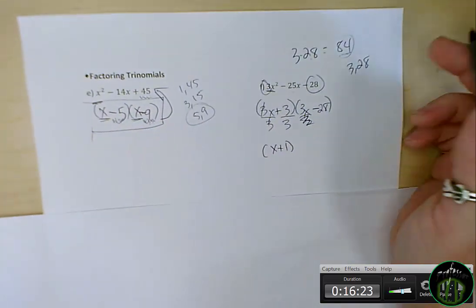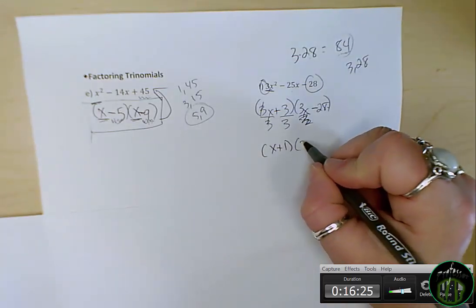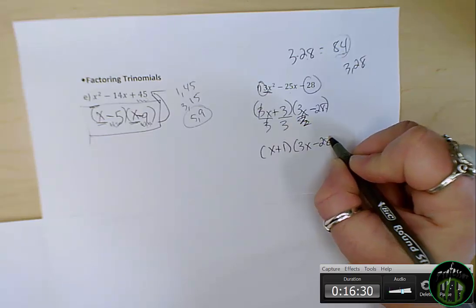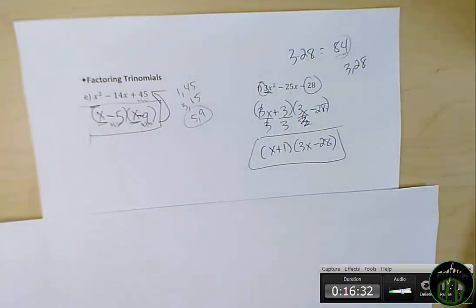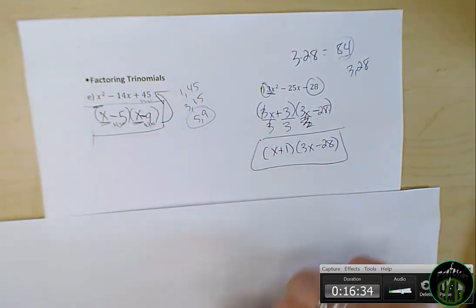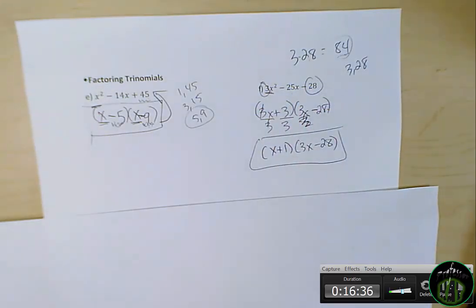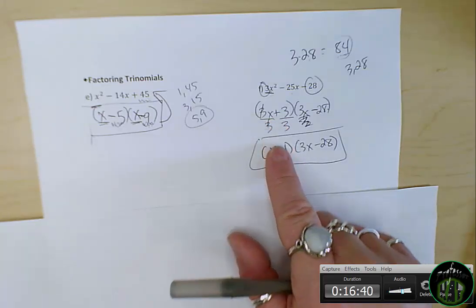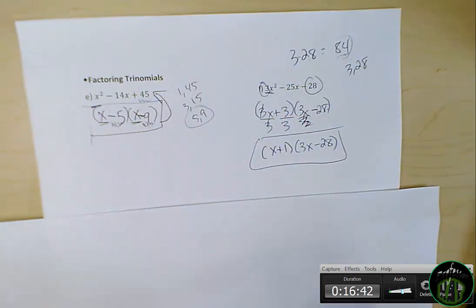Brain fart moment here, right? 3 does not go into 28, so we just drop this down, leaving it 3x minus 28. So this is our final answer. That last step in no fuss, always one of these will be able to be reduced. Sometimes both, but at least one of these should be able to be reduced.